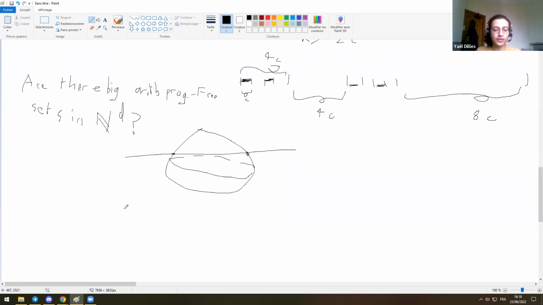Hence, we have a strategy. Take the sphere, intersect it with N to the d. That gives us a bunch of points on the sphere. Then map it to N. And that gives us something like this, as we've seen before.